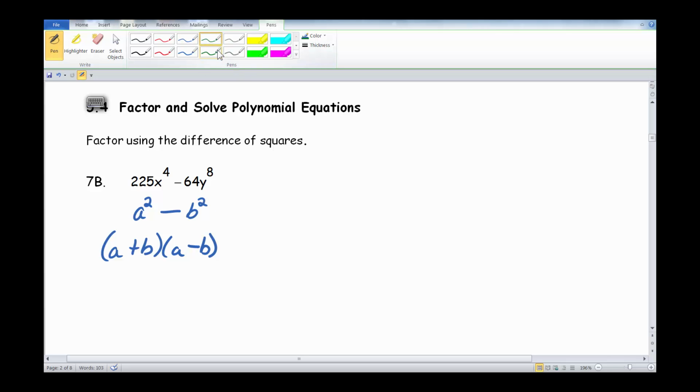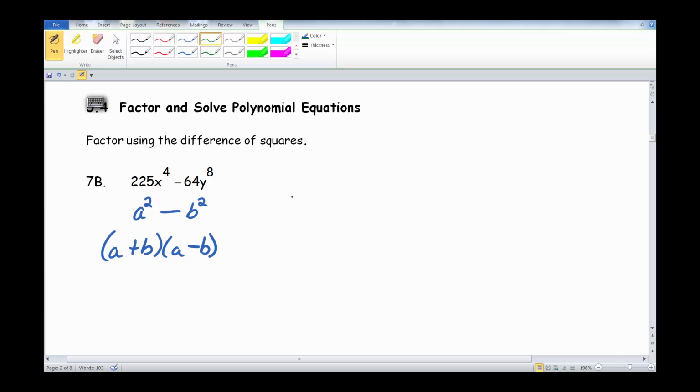Now, here comes the thing that makes this chapter a little more interesting when we're looking at polynomials. We first have to identify what, in fact, is our a and what is our b. Right now, we really don't know what that is. Back in Chapter 4, we could see it a little more clearly because we didn't have things of higher degrees other than 2.